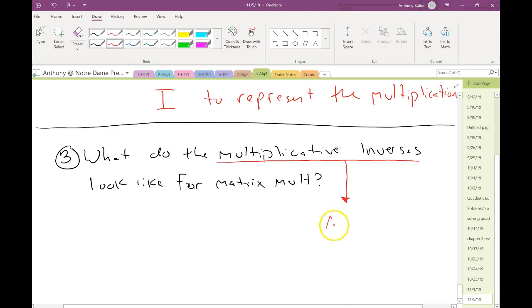When I say multiplicative inverses, I want a matrix that when I multiply it by A, I get that identity matrix back again. And it needs to work in both directions. It needs to be able to A times question mark or question mark times A. Doesn't matter. I get the identity any way I do it. So this is going to be the fourth matrix that we discussed that is going to commute.